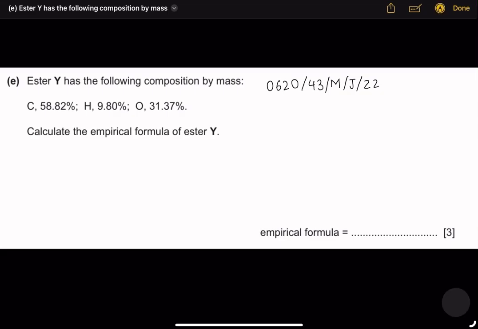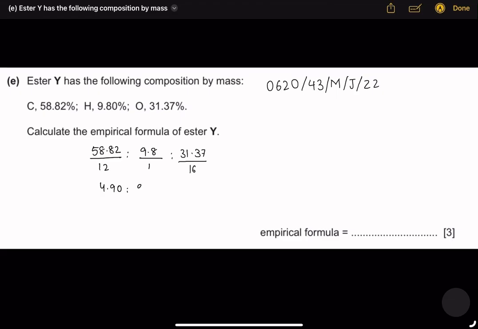Now again we have the calculation of the empirical formula. So 58.82 divided by 12, 9.8 divided by 1, 31.37 divided by 16. So 58.82 divided by 12 is 4.9.